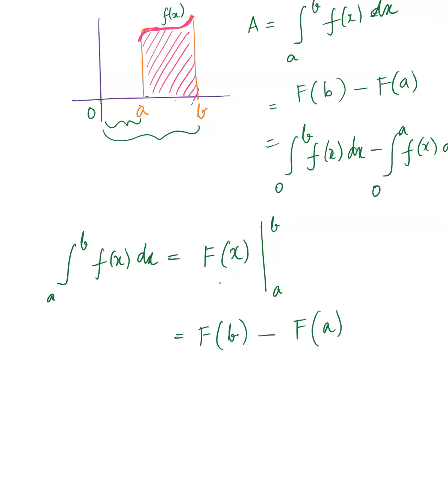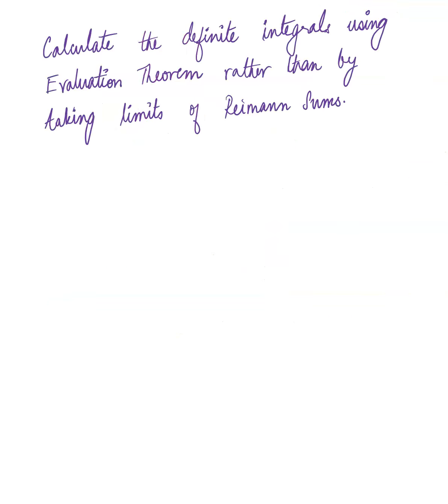So let's check it out in the following problems. The problem instruction says calculate the definite integrals using evaluation theorem rather than by taking limits of Riemann sums. So I want to quickly pause here before I reveal the question itself.